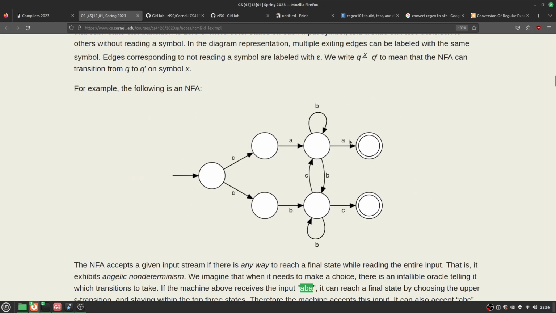I would assume it has to end on an A or end on a C. It has to start with an A or start with a B. It can do any number of Bs in between those, and can do any number of C's, but only after a B. Oh, okay. So it can do any number of BC.